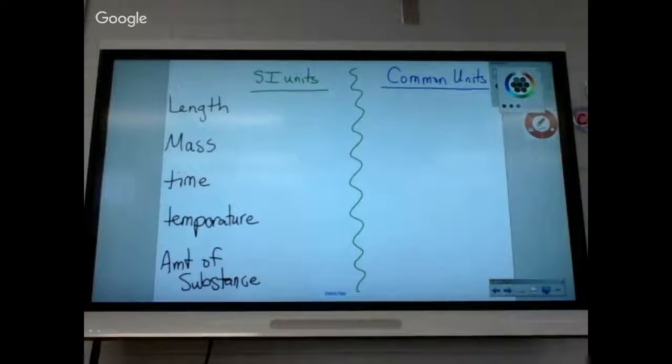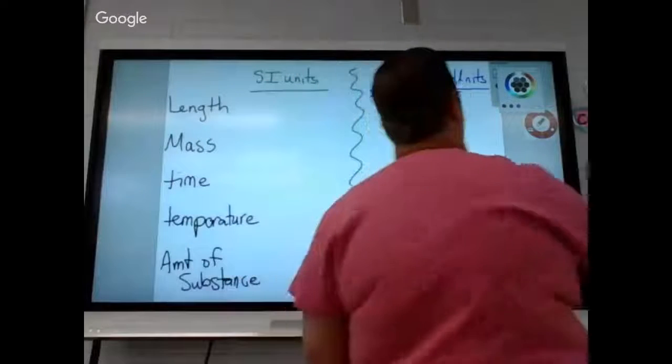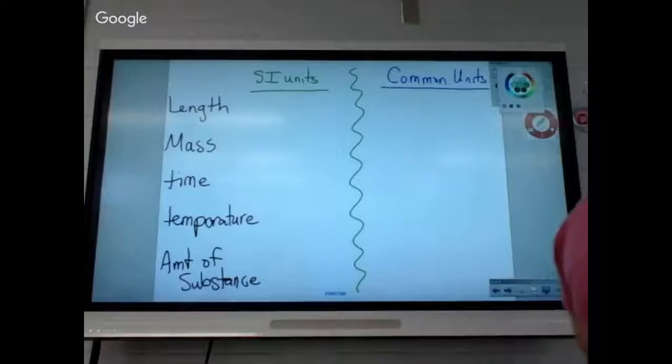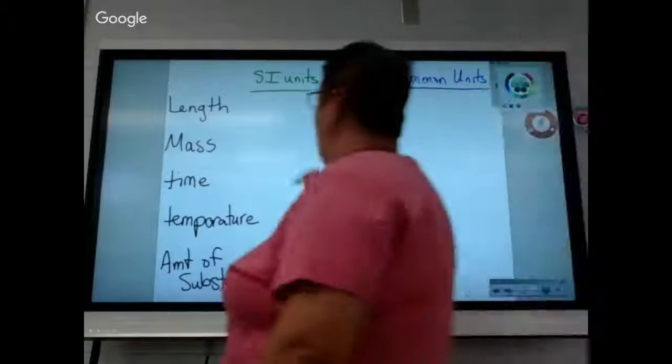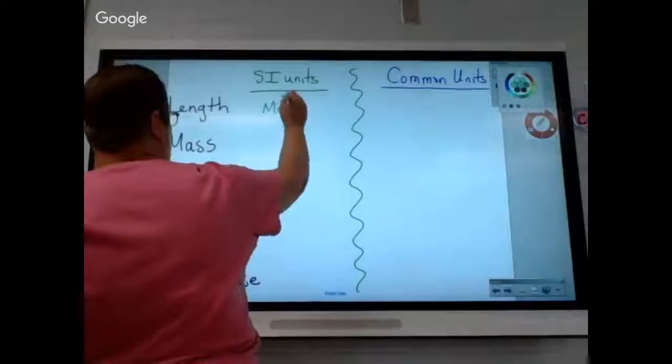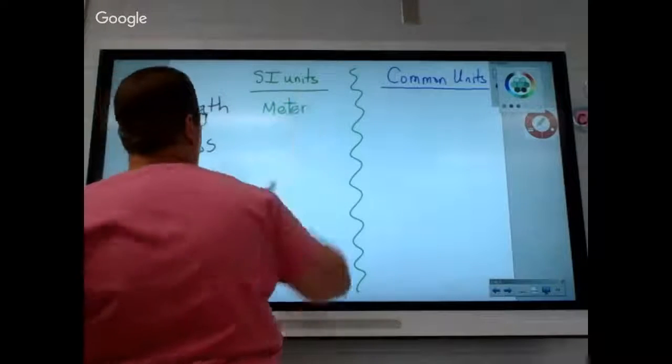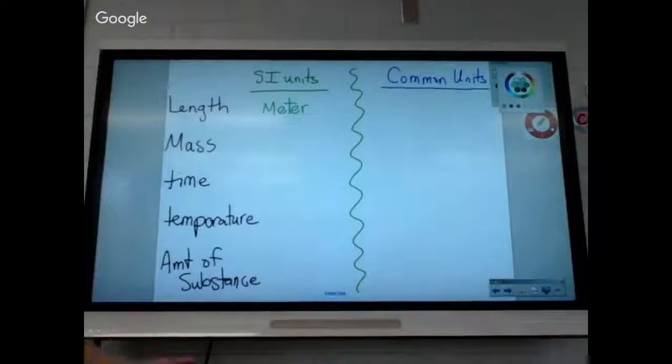So, what do you suppose the SI unit is for length? Meters. Meters is correct. All right, so what is a derivative of meter that we might use if we need something smaller or something larger? Give me something larger than meters.